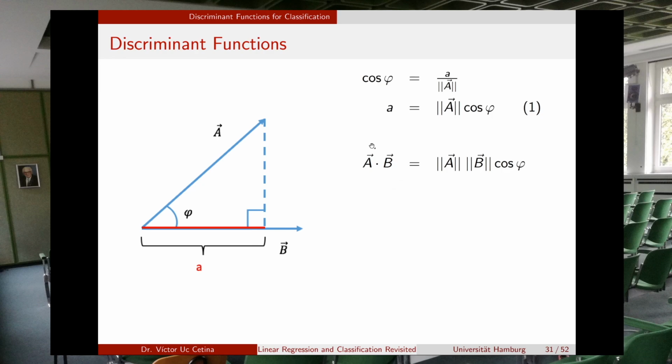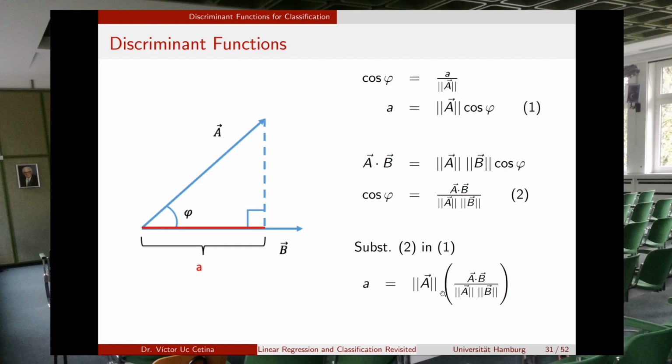Also, we know that the dot product of two vectors A and B is defined as the magnitude of A times the magnitude of B times the cosine of the angle between them. And from here we get that the cosine of phi equals the dot product of the vectors divided by the product of their respective magnitudes. Then we can replace cosine of phi in equation 1, and we get this result.